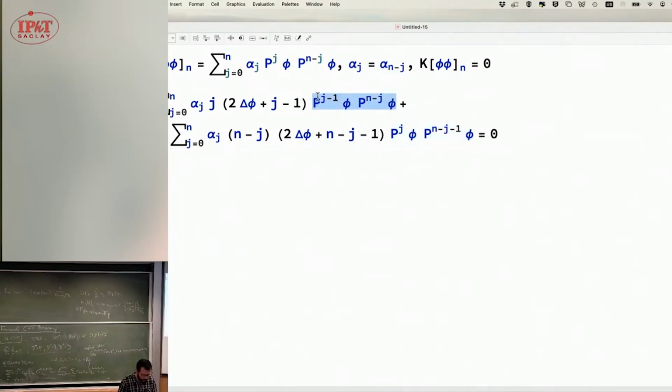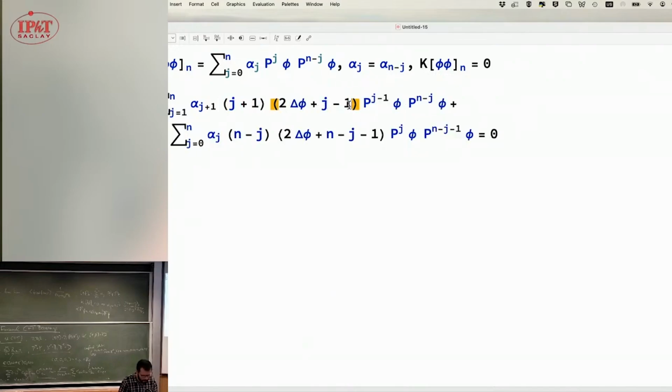To do that, we should shift j by 1 over here. The j equals 0 term doesn't really contribute, and now we can relabel j to be j minus 1. So we're just going to shift everything here by 1.